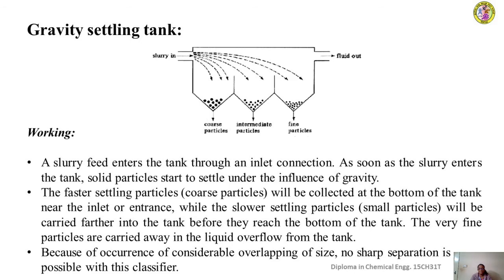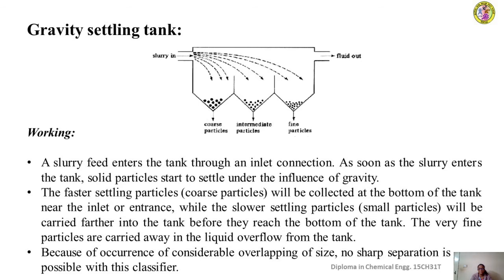As soon as the particles enter, the heavier particles start settling immediately near the entrance. Then slightly smaller particles will settle in the middle portion of the tank, and still smaller particles will be separated out in the last compartment of the tank.